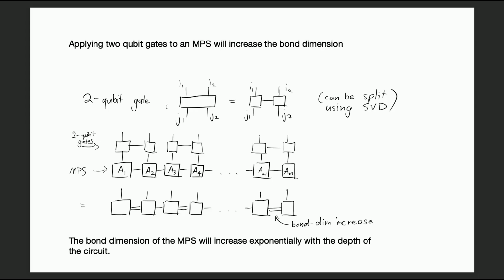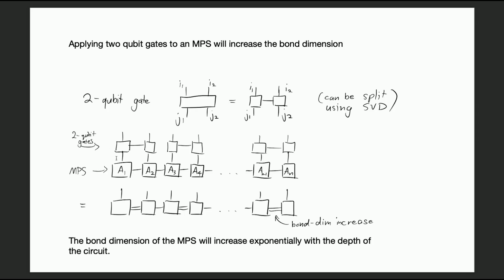It would look like this. You can also split this tensor up into a contraction of 2 tensors. I'll explain a little bit later how you can do this using the singular value decomposition. But for now, just trust me that we can split 2-qubit gates up in this way as contractions of 2 tensors like this.